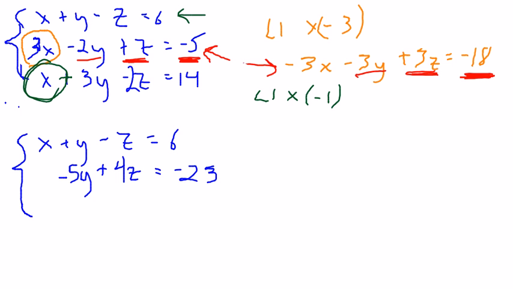So I'm really just going to change the sign on everything. Give myself some space down below. So it's going to give me negative x minus y plus, double negative on the z, equals negative 6.